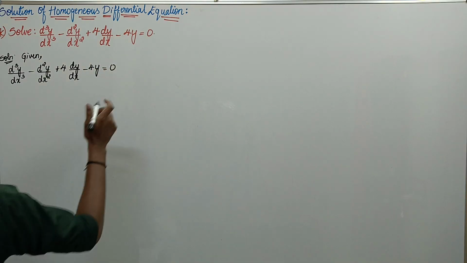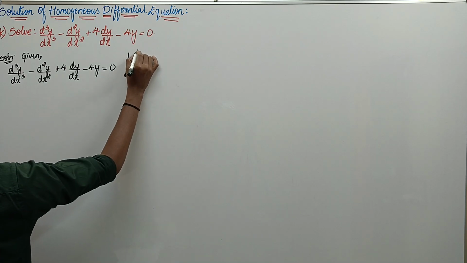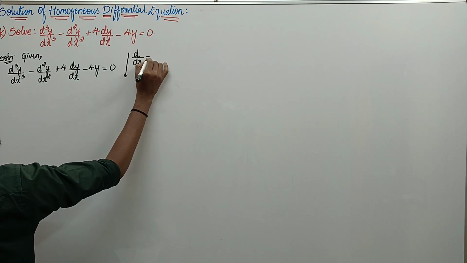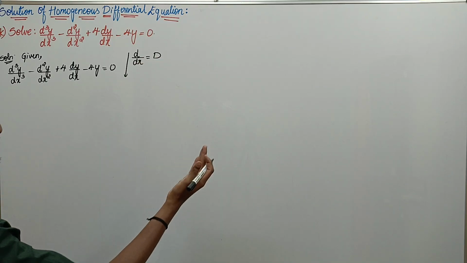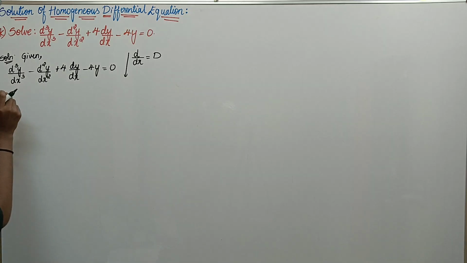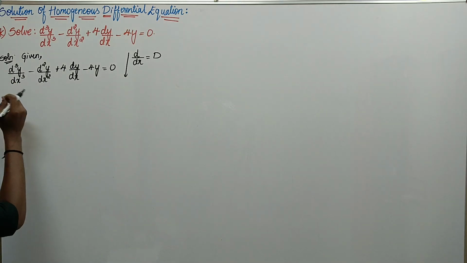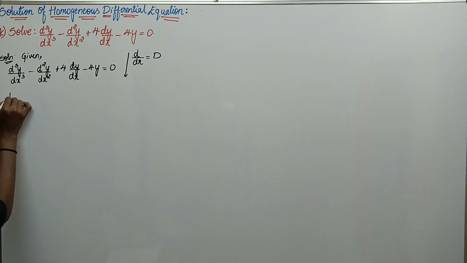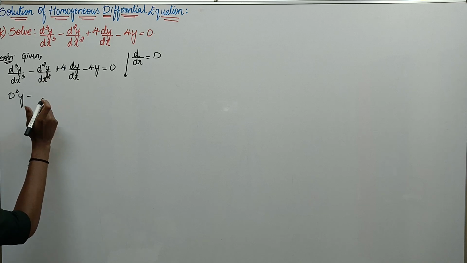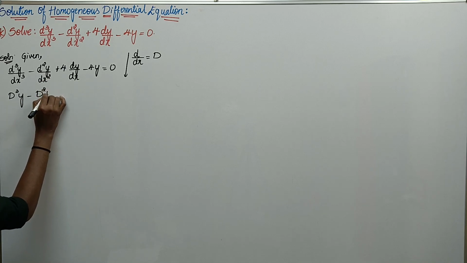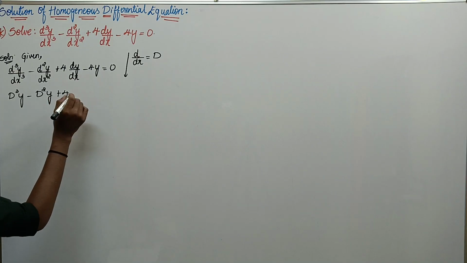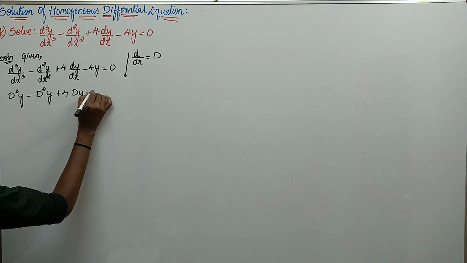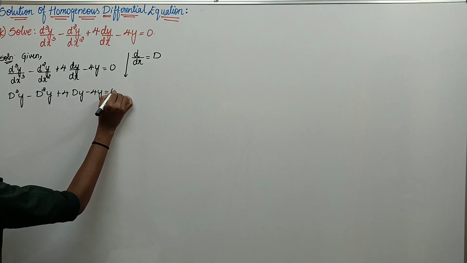Now, we know that d by dx equal to capital letter D. Similarly, d square by dx square is D square. Now we are going to represent d cube y by dx cube as D cube y, d square y by dx square as D square y, plus 4 into dy by dx as 4Dy, minus 4y equal to 0.